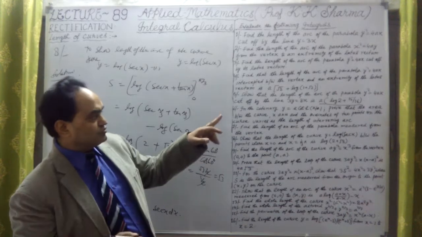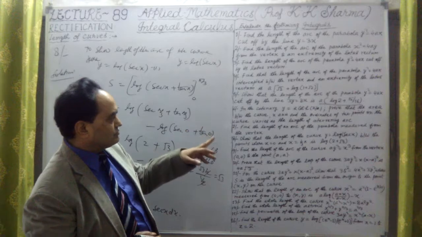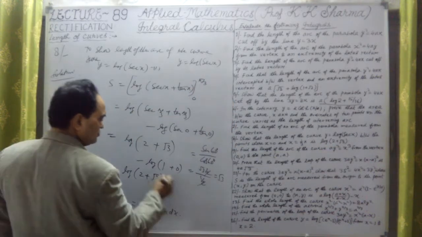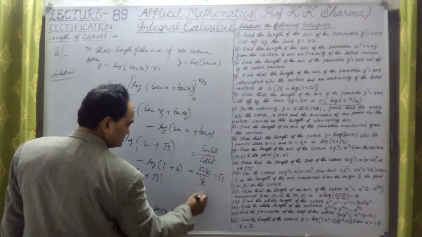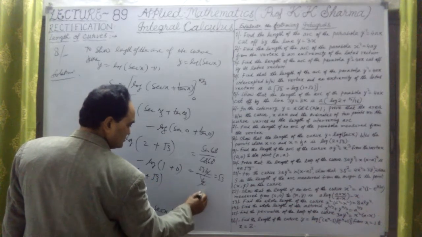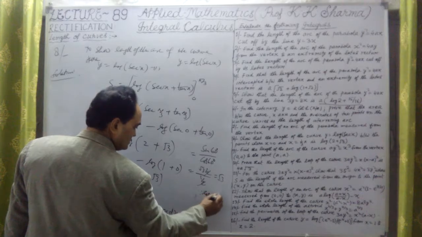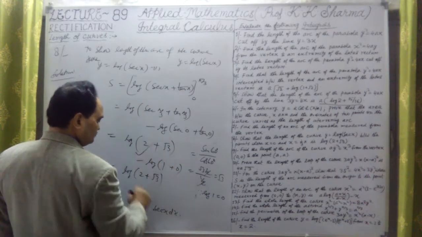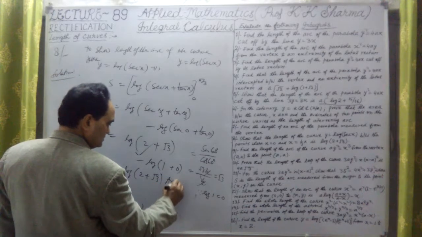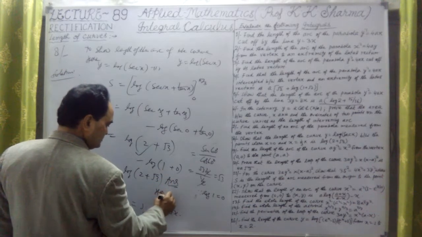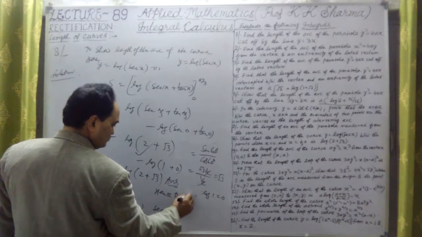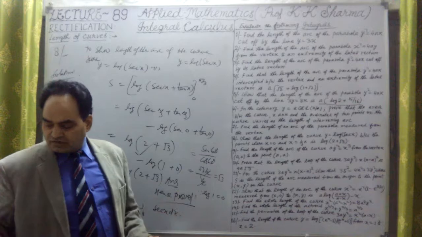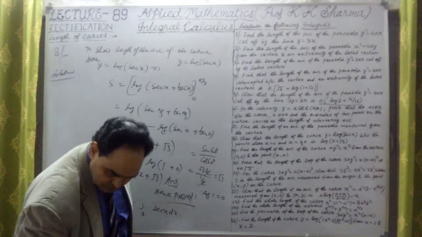Since log 1 is equal to 0, only this value is the answer. Hence proved. So log of 2 plus root 3 is the final answer for the length of the arc.